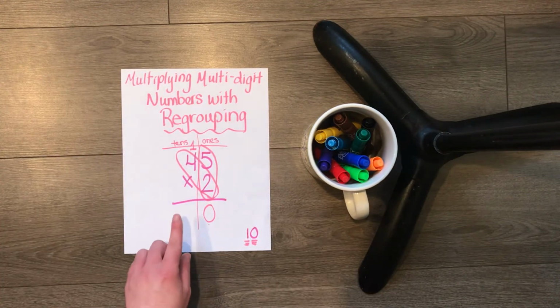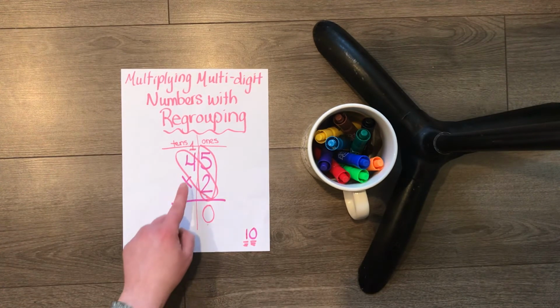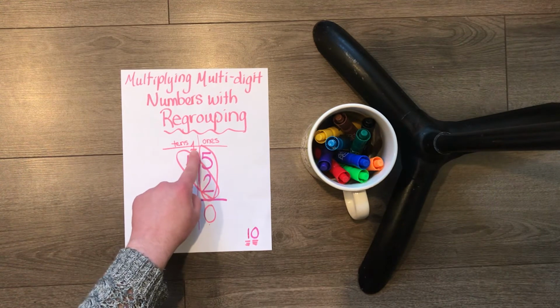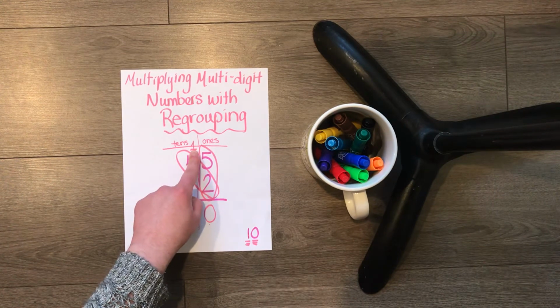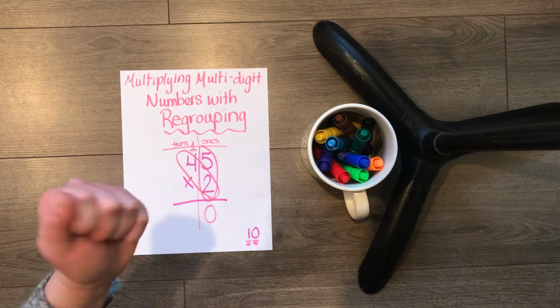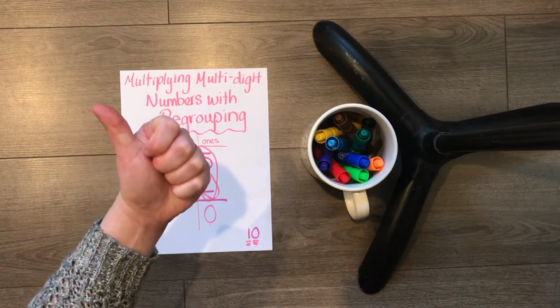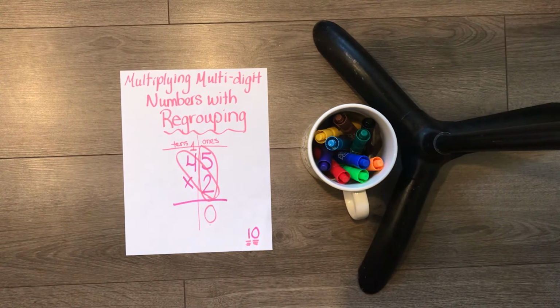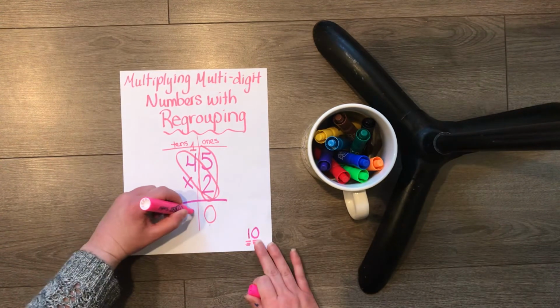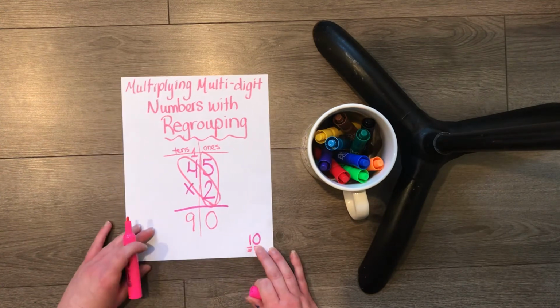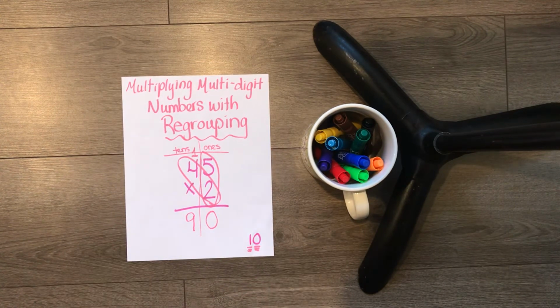So I have my 8, but I'm not going to write it here yet because of this 1. I have to add this 1 to the 8, my answer. So I'm going to start with 8 and count on my fingers. 8, 9. 8 plus 1 is 9. I'm going to write that down in the tens place. And now, just like magic, I have my answer.